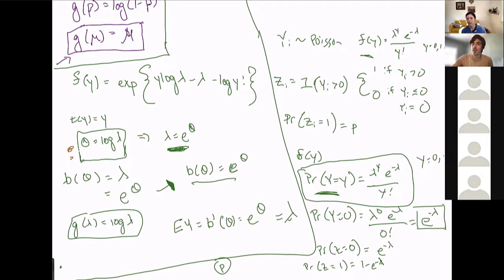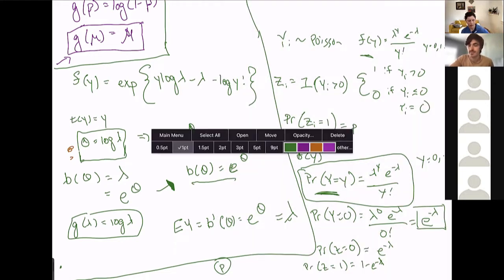That's right. Okay, got it. Practically speaking, people usually evaluate it at the MLE because that's how you get confidence intervals and stuff like that. But you don't have to put it in that form always.